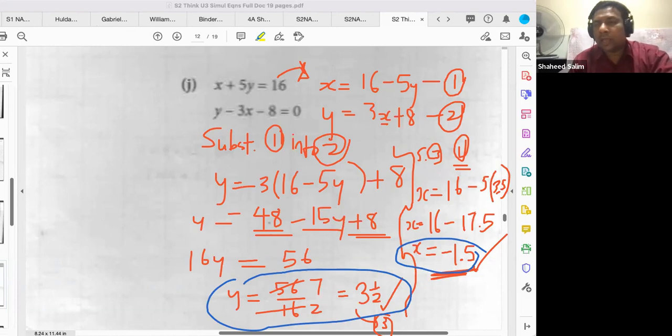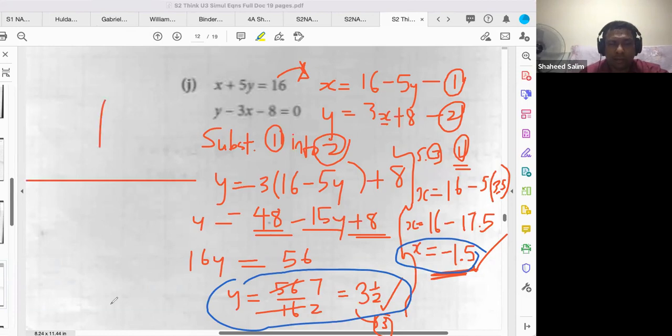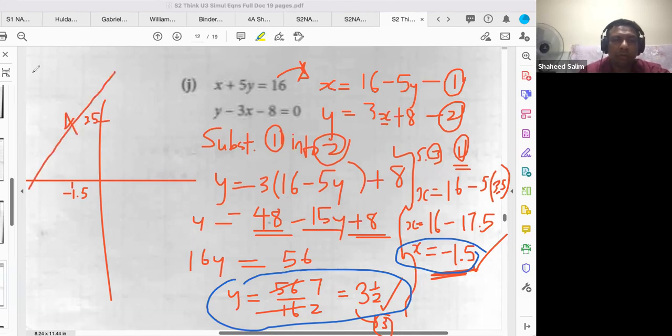Okay, I know time is almost up. But imagine now if I draw a graph like that. Then I look at x minus 1.5 is here, and then y 3.5 is here. This is actually the coordinates. What are coordinates? Coordinates means on the graph, you can find a point if you have both x and y. This is where the two graphs are going to cut.